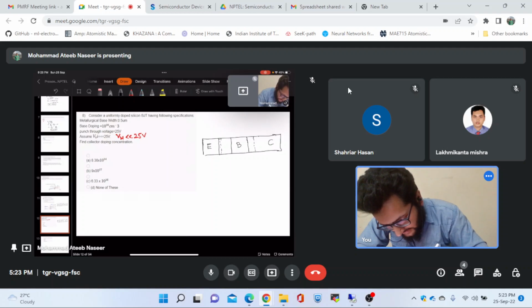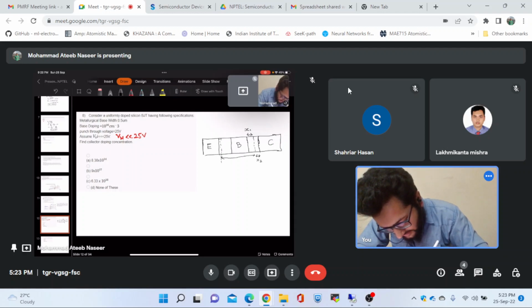And if this is the depletion width on the collector side and this is on the base side, on this base collector junction, let us note it by x1, and this is the total base width, this WB.